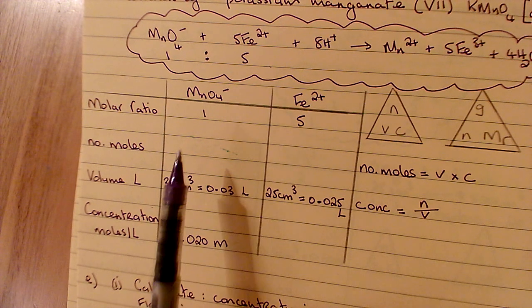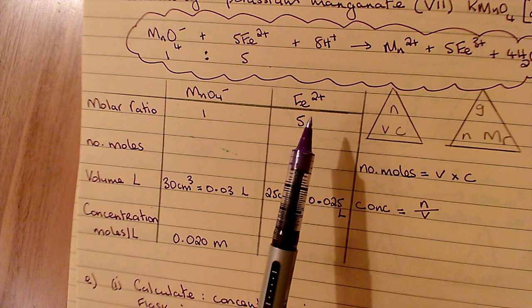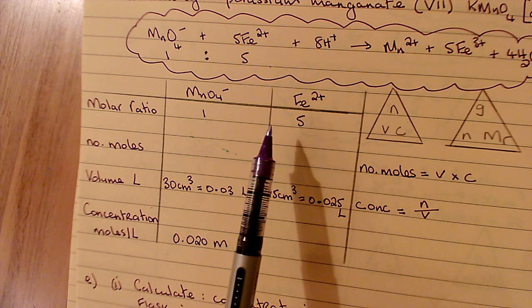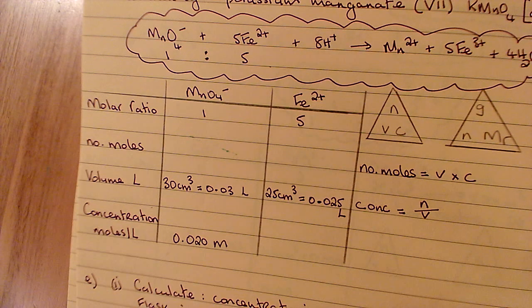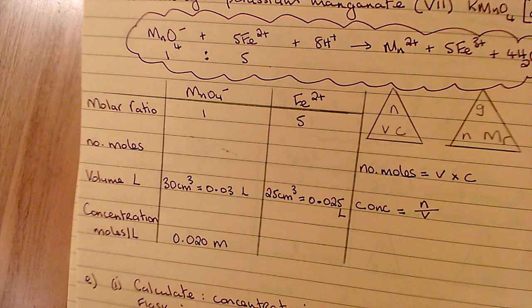In our table we have our permanganate ion, our iron 2+ ion, and the molar ratio, which is 1:5, and we get that from the balanced equation. Then we put in the information given in the question.